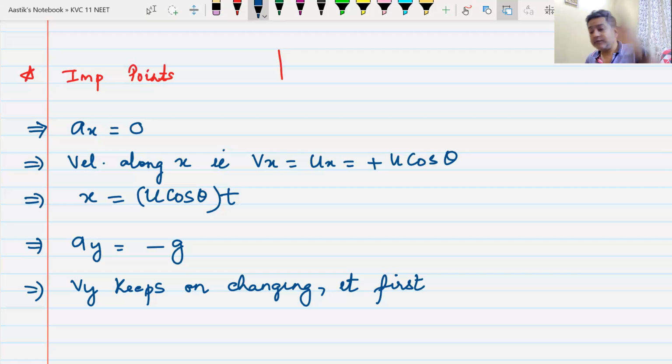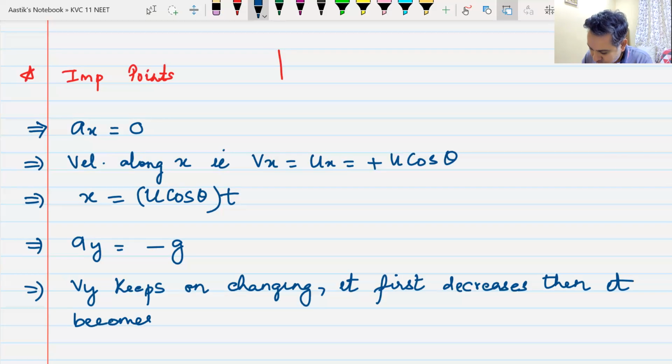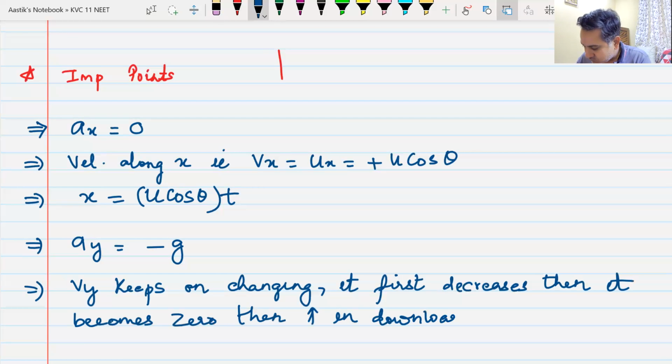When you throw something up, what happens to the velocity? Does it increase? Does it decrease? Decreases. So what happens with this? It also decreases. It decreases, then it becomes 0, then it increases in the downward direction.